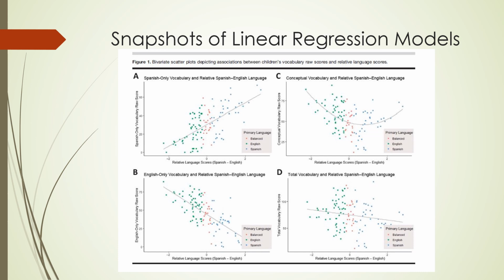If you look at figure 1A, you see that there's a positive linear association between Spanish only and the primary language, trending upward, pulling that line of regression upward.